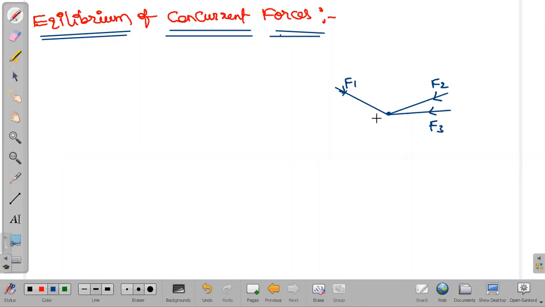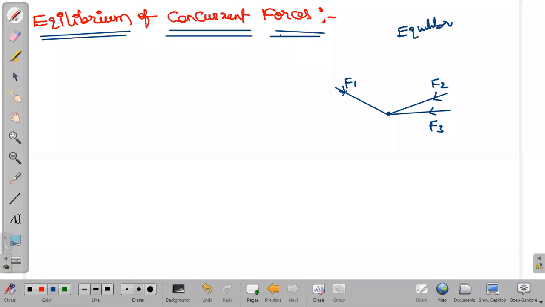Okay? Now, if a body is under the action of concurrent forces, that body is said to be in equilibrium when there is no change in the state of its rest. Suppose the body is here and it is not changing its position, even though some concurrent forces are acting, then the body is said to be in equilibrium.